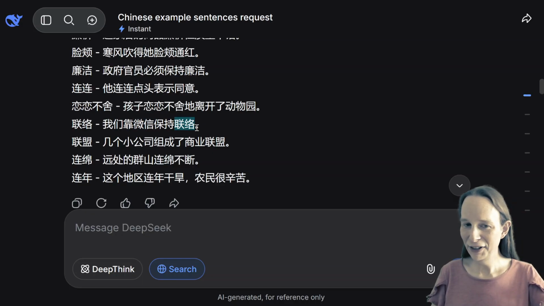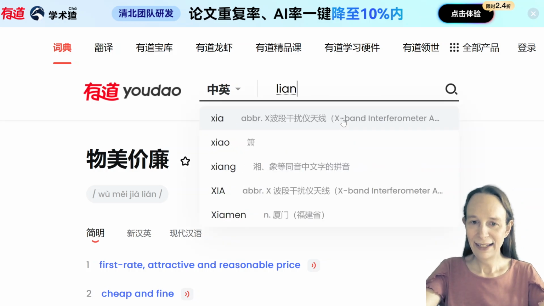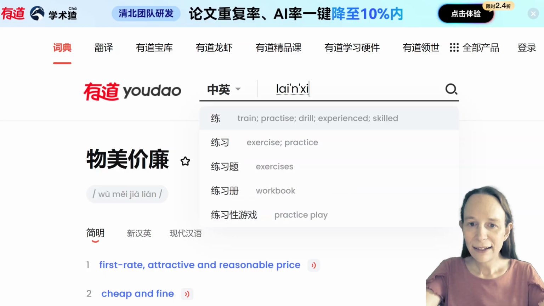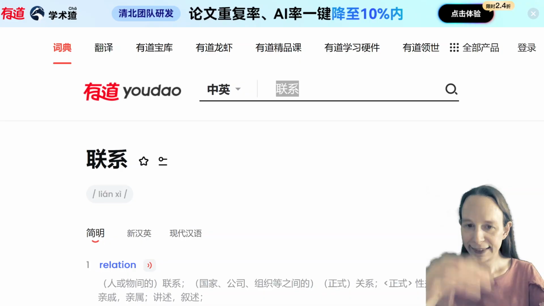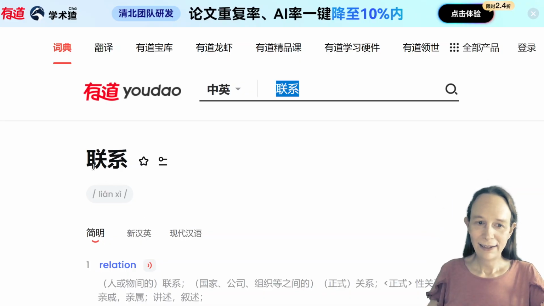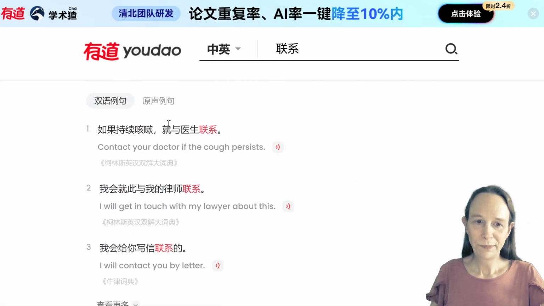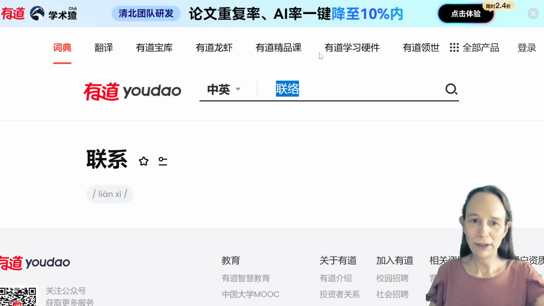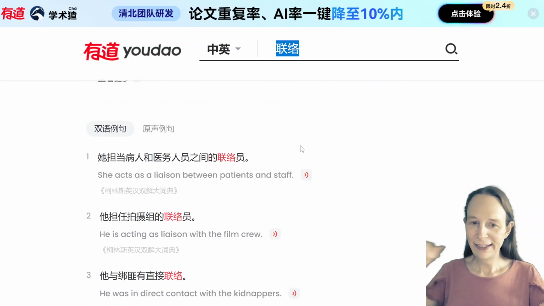Here you could also use 联系 though, can't you? 联系. 我怎么跟你联系? 就与医生联系. 联络. I don't exactly know the difference.